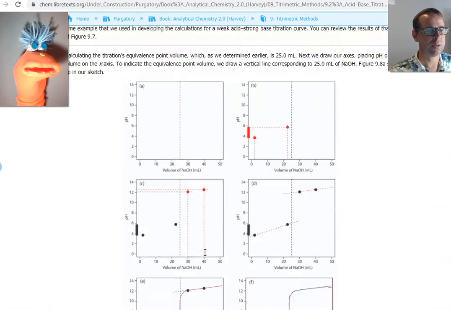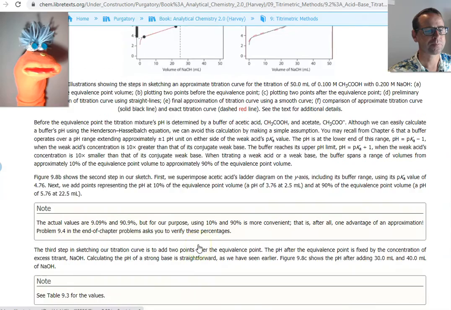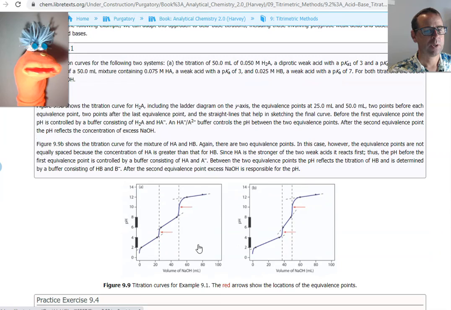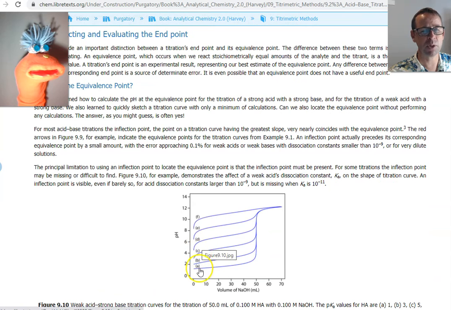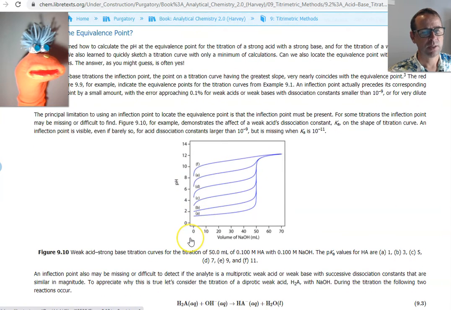Let's see here. So we can have multiple endpoints. Well, let's look at this first here. This is nice.